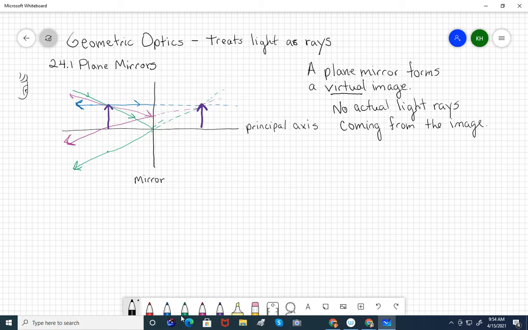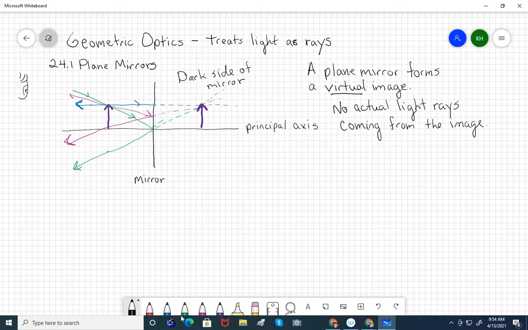Your brain backtracks them and thinks they're coming from here, but there's no light ray back here. This is what we call the dark side of the mirror. There is no light back here. So that is a virtual image.